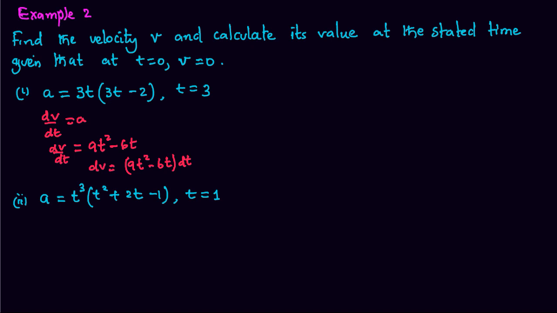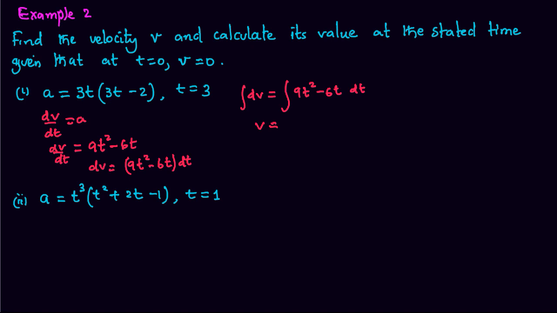When we integrate both sides, we get the integration of 9t squared minus 6t dt.